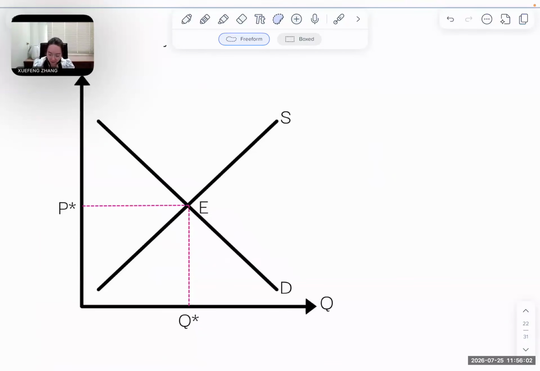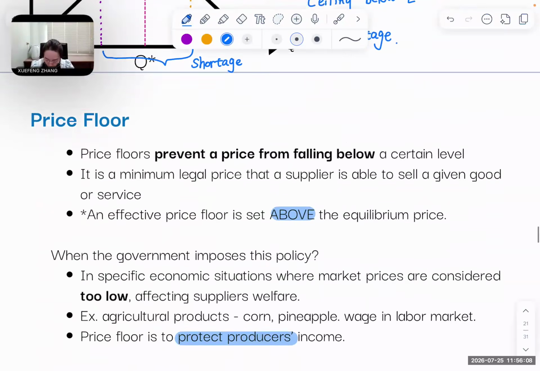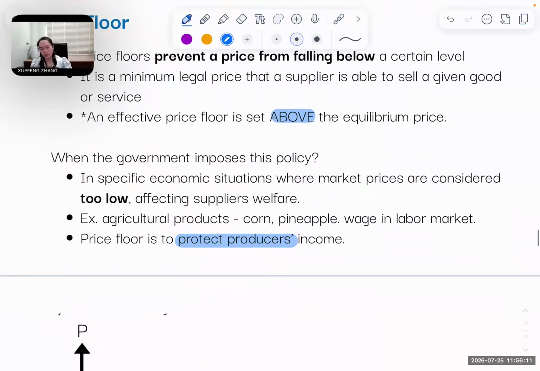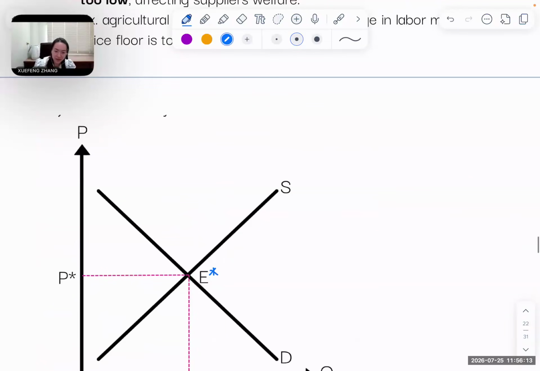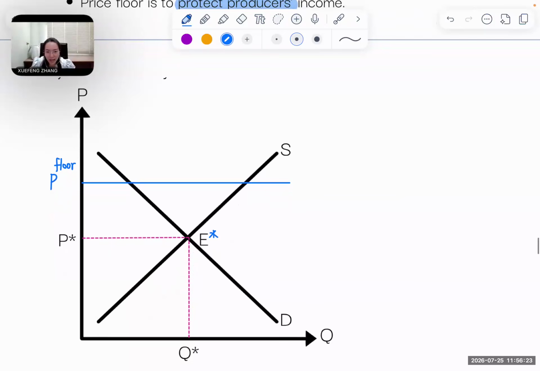See here we have the original market equilibrium. Right now, the price floor is above the equilibrium price. Let's say maybe the government sets the price here. This is the price floor. What happens here?